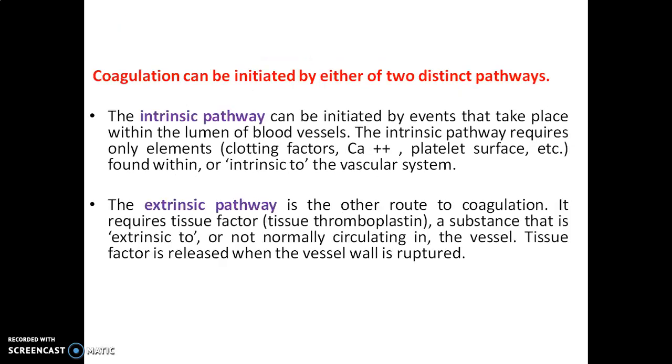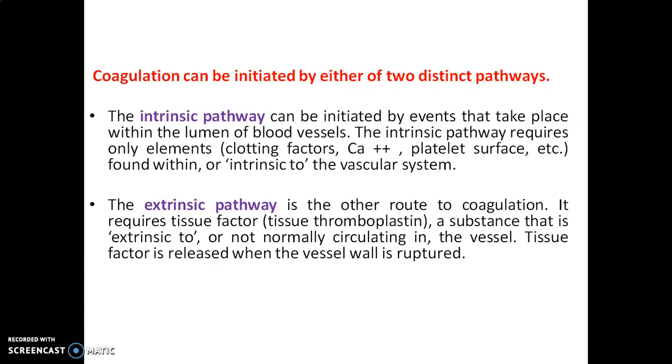Now, coagulation can be initiated in two distinct ways. One is the intrinsic pathway and another is the extrinsic pathway. These two pathways combine to form a common pathway of coagulation. So these two are very important pathways. So what is the intrinsic pathway?